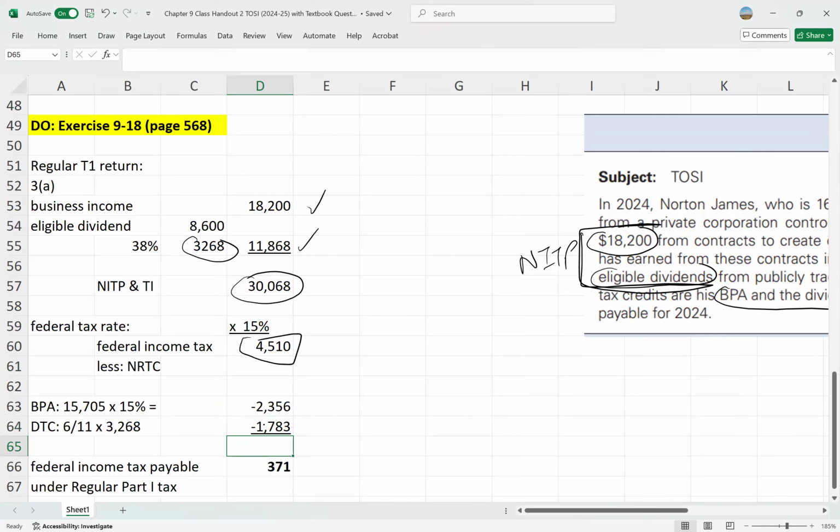So the total federal tax before non-refundable tax credits is 4,510, minus the tax credits, the basic personal amount and the federal dividend tax credit. So the federal tax under Part 1 would be $371. Any questions about this first calculation?